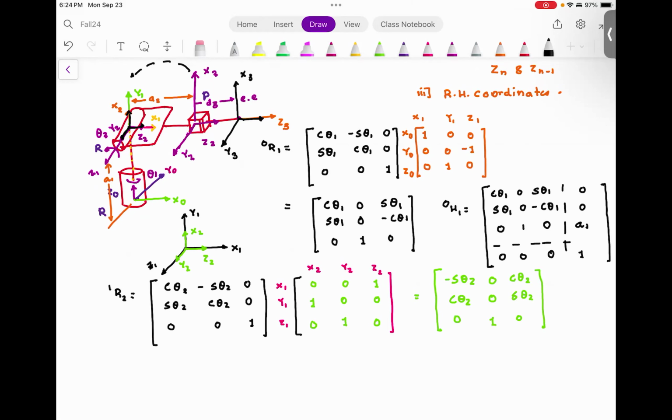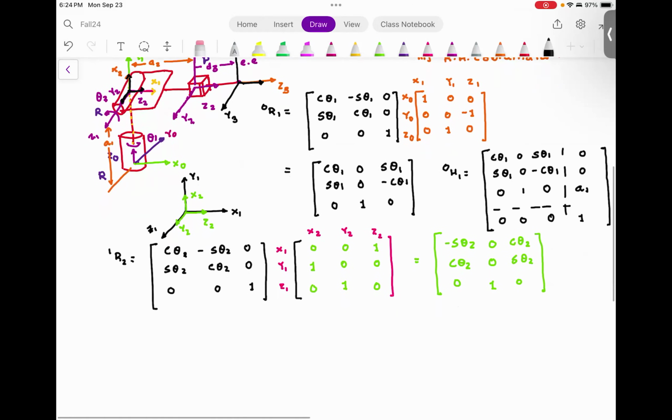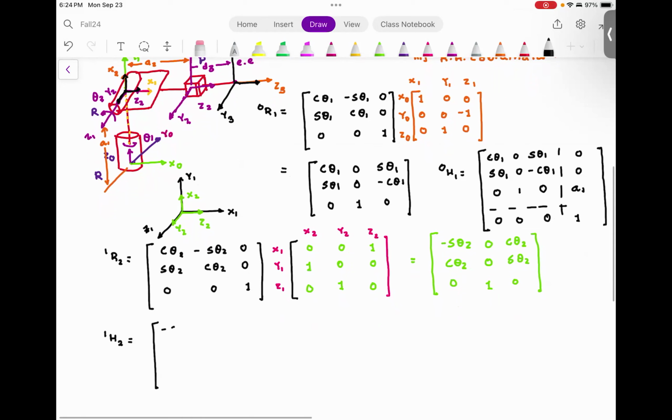Now comes the homogeneous transformation for 1H2. I will write minus sine theta 2, 0, cosine theta 2, cosine theta 2, 0, sine theta 2, 0, 1, 0. And here there will be 0, 0, 0.